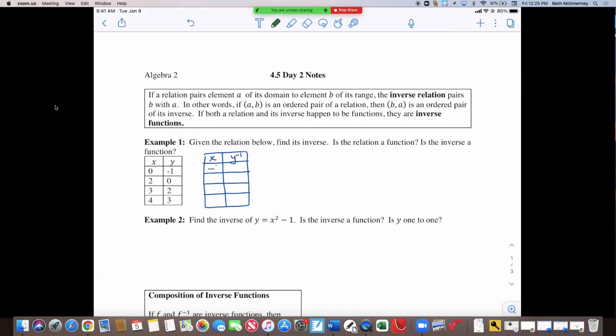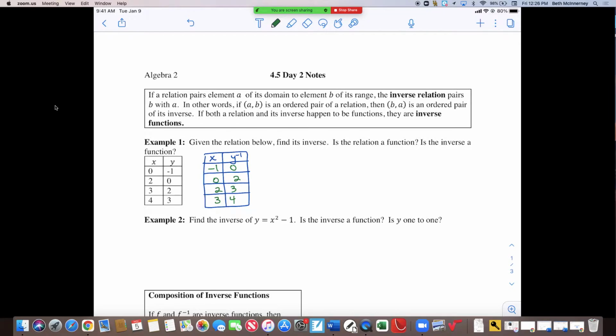So this will be -1, 0, and you're just going to switch the x and the y values. All right, so that's the inverse.